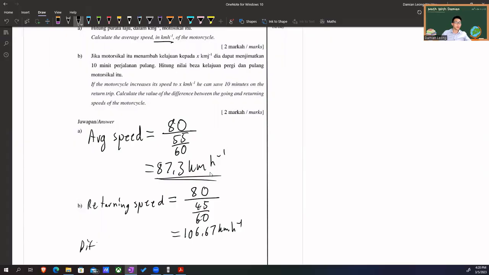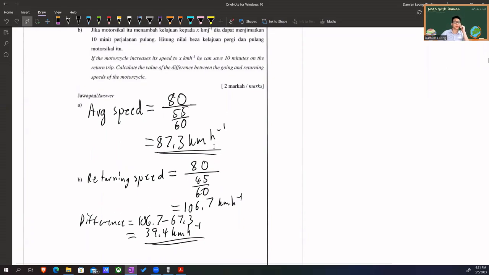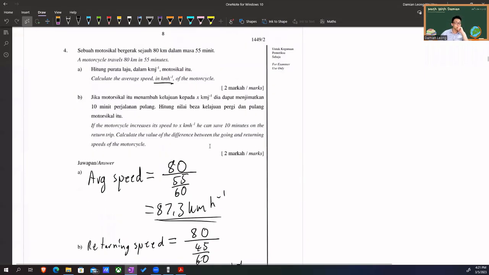So the difference, I just minus 106.7 minus 67.3. 39.4 km per hour. That's the difference.